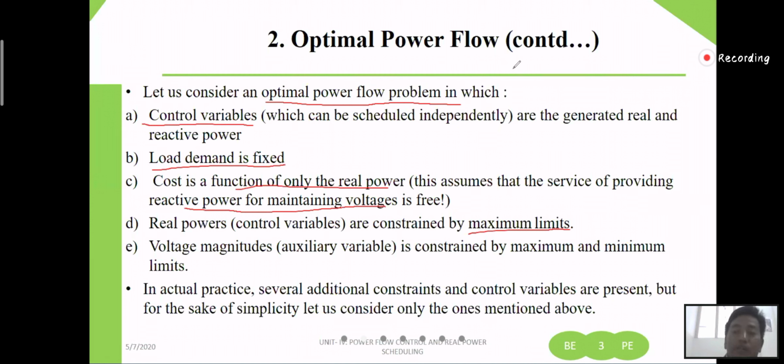For you all, this many constraints are more than enough. If you really want to go for higher study, or do a master's or PhD in power systems, then these factors will not be sufficient to carry out the optimal power flow. But for us, it's more than enough.